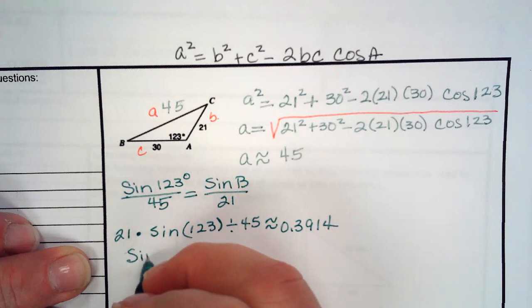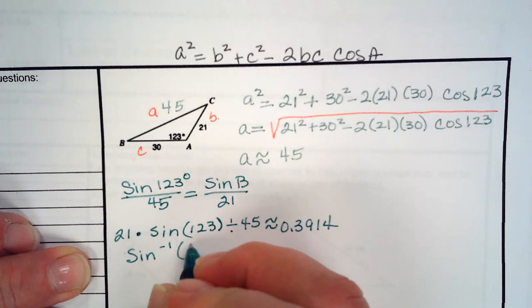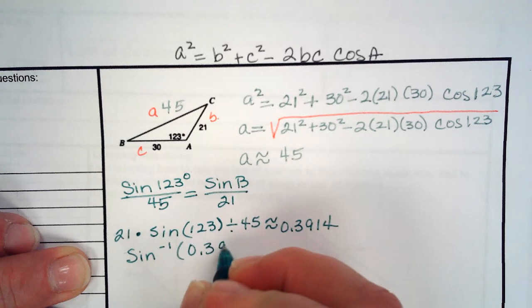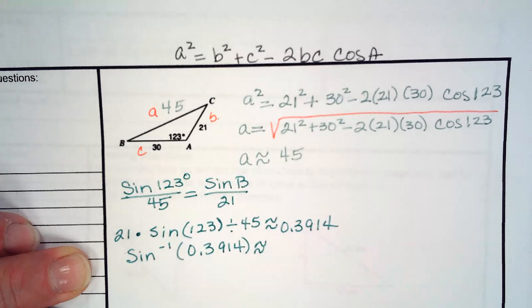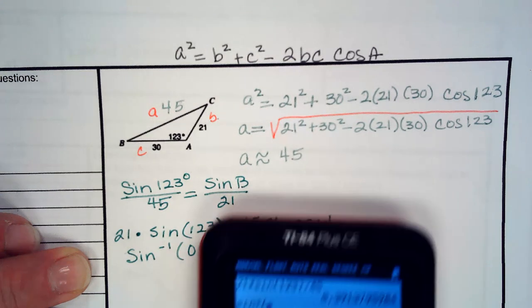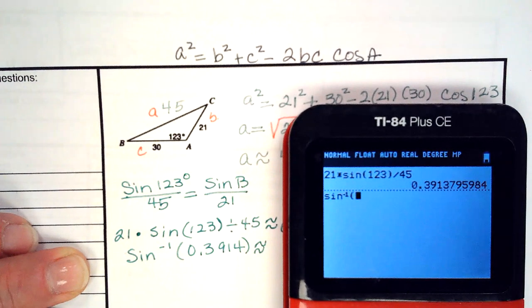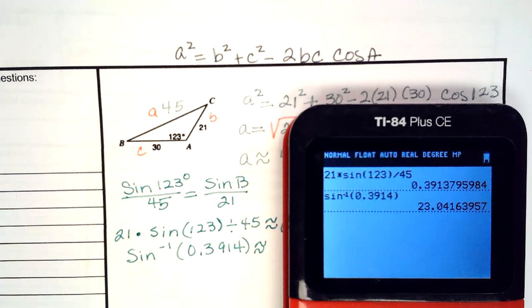Sine inverse of 0.3914 is about 23 degrees.